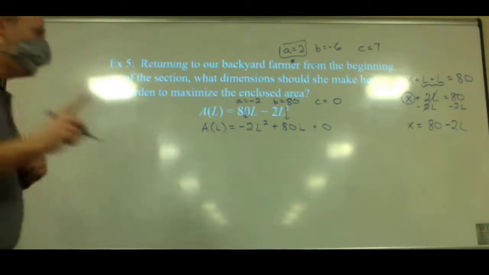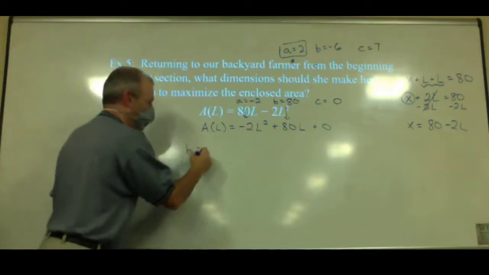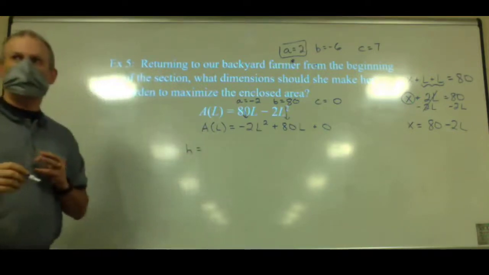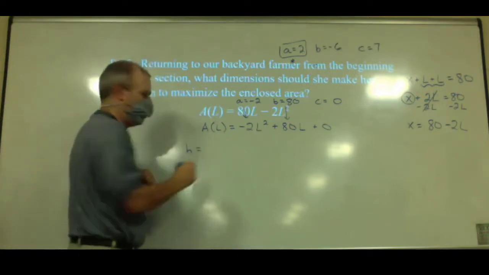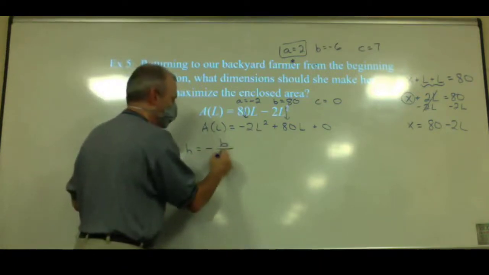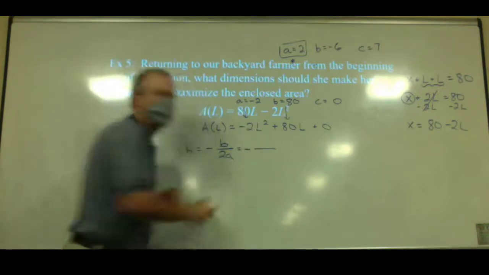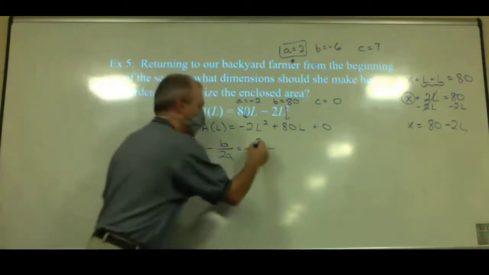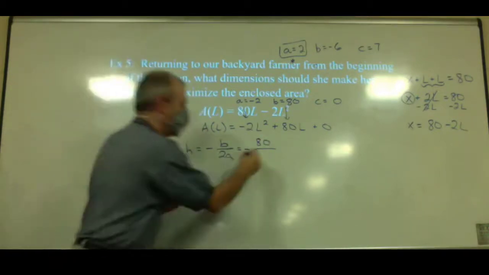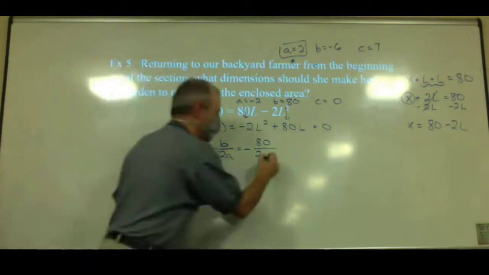Now, what was the little formula we have to use to help us find the h value? It was negative b over 2 times a. So we know that we've got a negative, and what did we say the b value was? 80. And then we've got the 2, and what's the a value? -2.